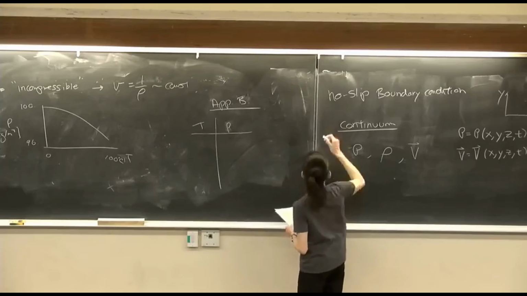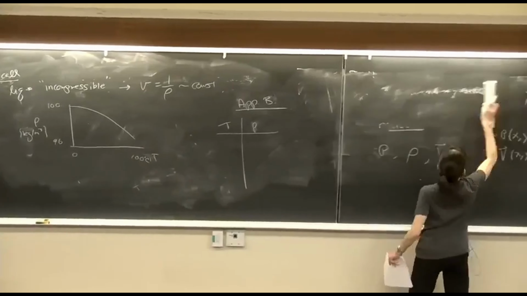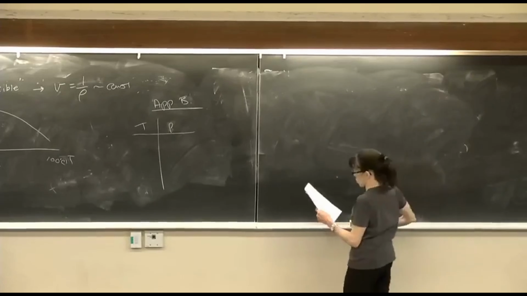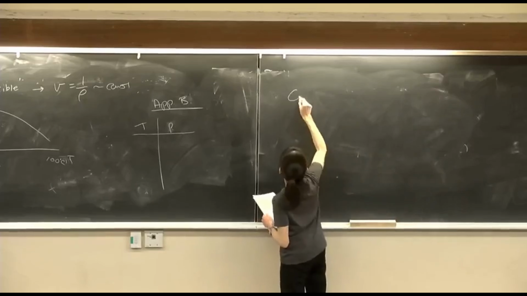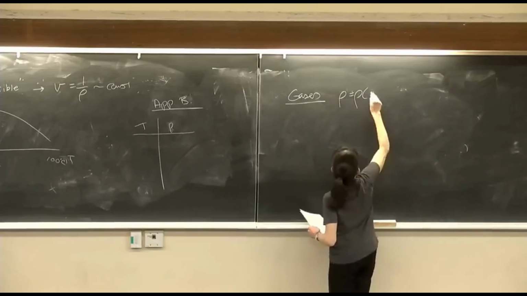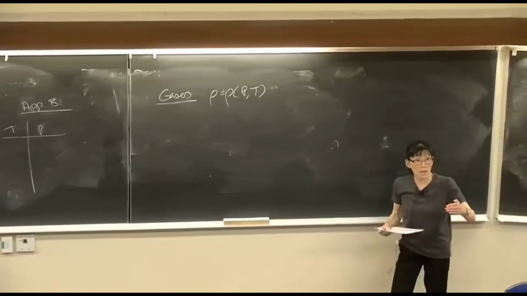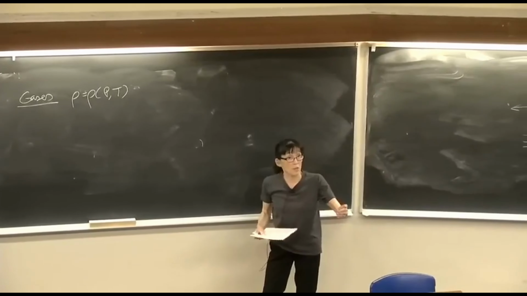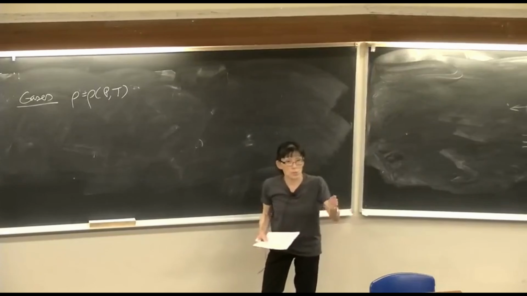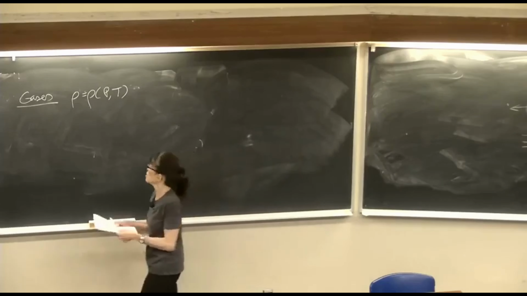Gases are highly compressible and are dependent on temperature and pressure. So rho is some function of P and T. But for the most part, we can assume ideal gas. And there is the ideal gas equation of state that relates the density to the pressure and temperature. I'm going to assume that you are all familiar with that from physics class or MAE 11.